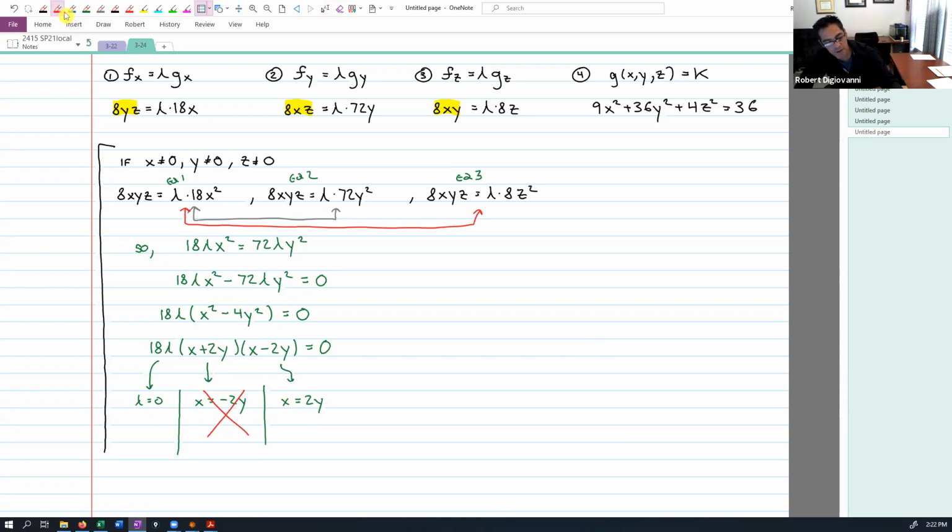So still working within the same train of thought here, I have that 18 lambda x squared must be equal to 8 lambda z squared. And then I bring everything over again: 18 lambda x squared minus 8 lambda z squared equals 0. I can factor a 2 lambda out and be left with 9x squared minus 4z squared.